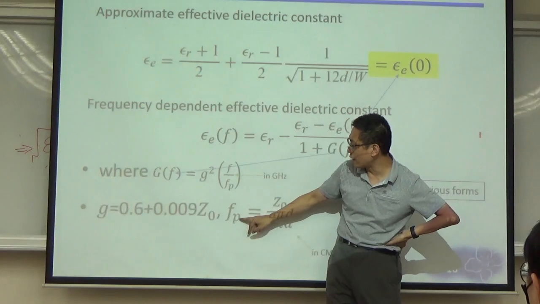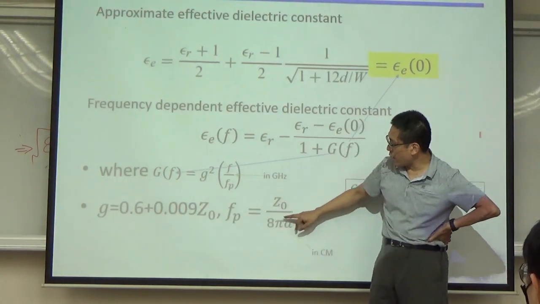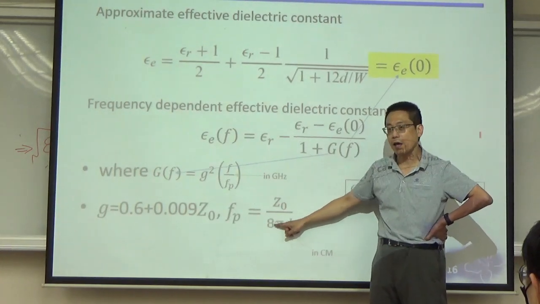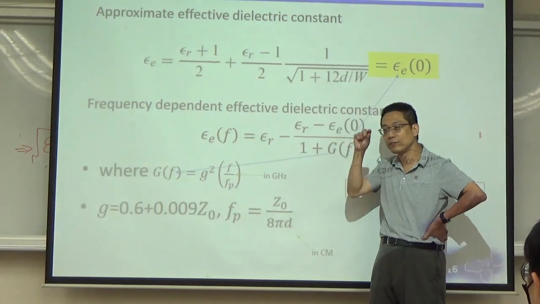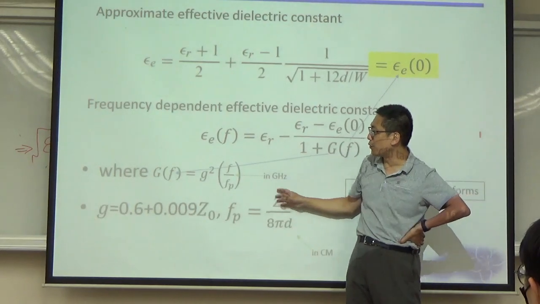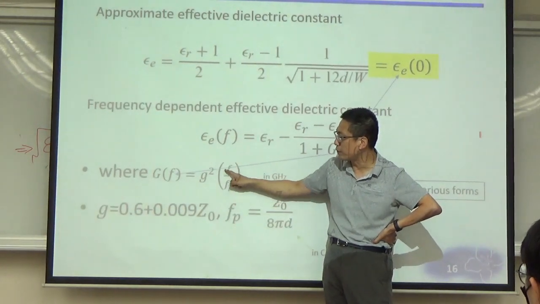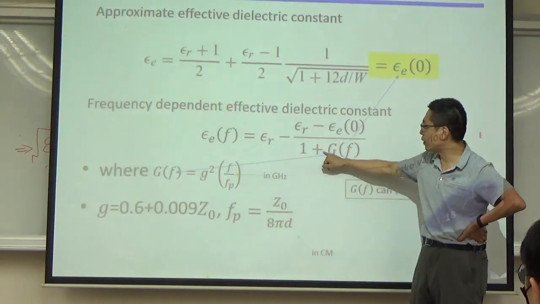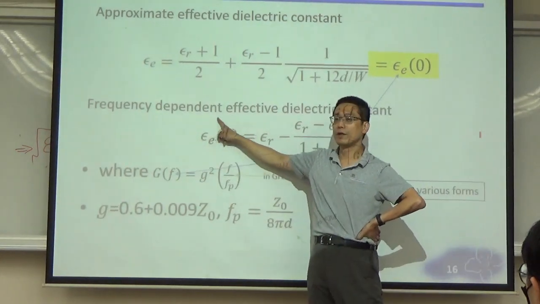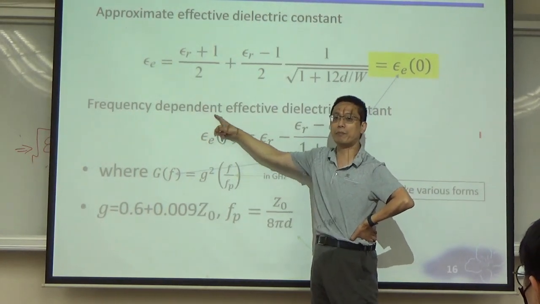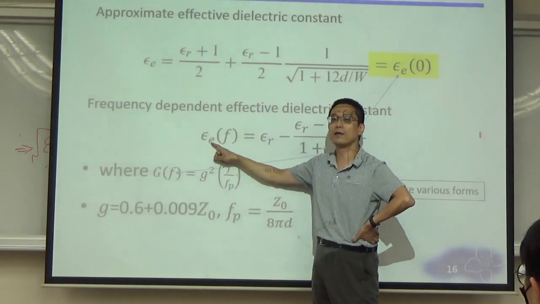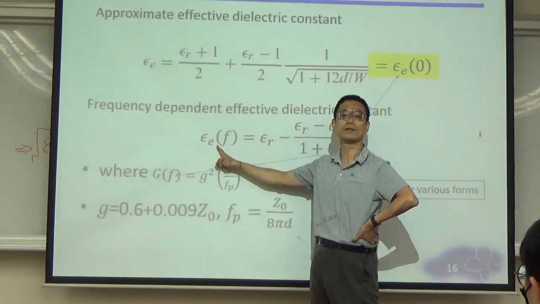And there is another FP, and the FP is another equation relevant to Z0 over 8 pi multiplied D, the thickness. Okay, you put everything in, and then you have parameter frequency, and you have the capital G function, then you will obtain another, a more general and more accurate frequency dependent effective dielectric constant.